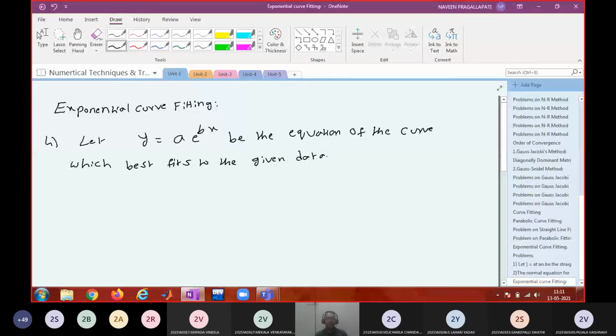Okay, so we want to find out a and b such that the sum of squares of the error is minimum. But we know normal equations only for polynomial equations like first degree equation, second degree equation. We haven't seen writing normal equations for exponential or some other curve. So the idea is to bring this to one of those forms. How can I do that?